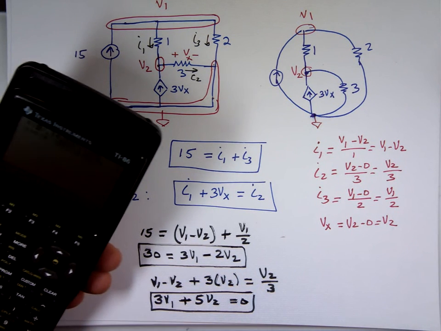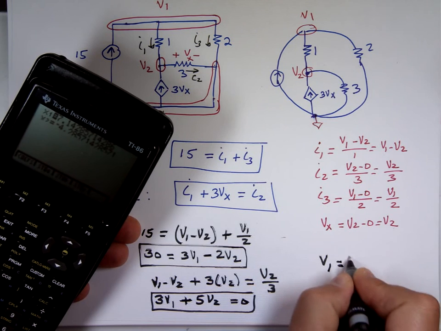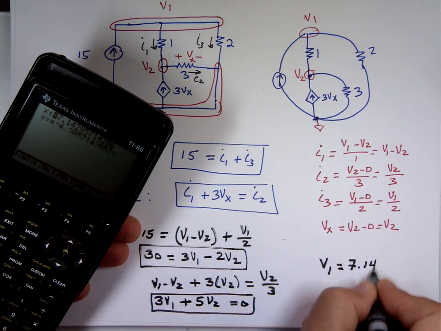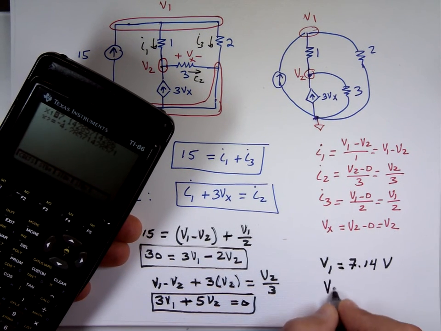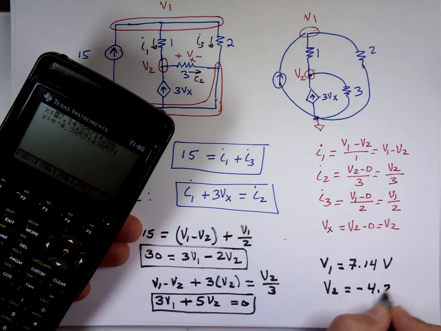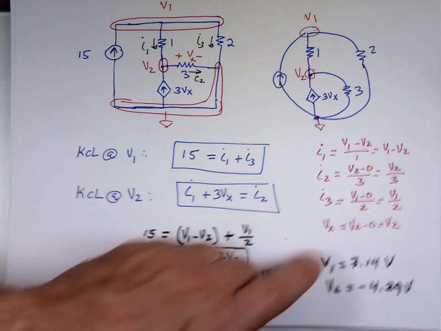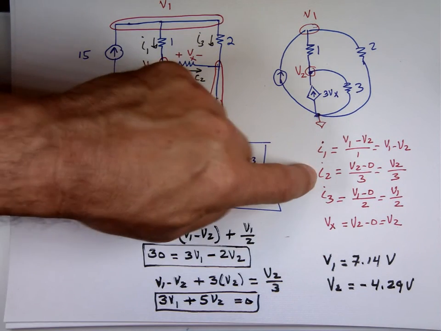V1 equals 7.14 volts. And V2 equals negative 4.29 volts. If we know V1, V2, can we find I1, I sub 2, I sub 3, and Vx? We got them all.